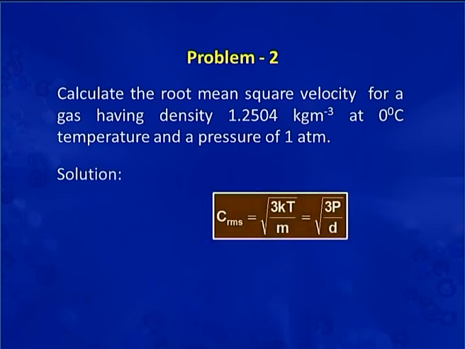The root mean square velocity is √(3kT/m), or in terms of density you can write it as √(3P/d). The value of pressure is given in this numerical, that is 1 atmosphere. So, we will convert this value into Newton per meter square. So, 1 atmosphere is equal to 101,325 Newton per meter square.